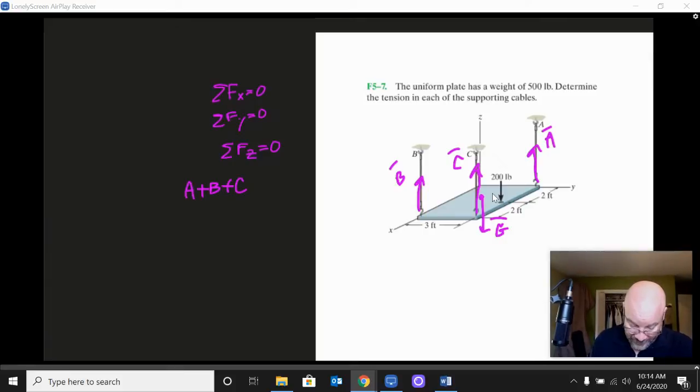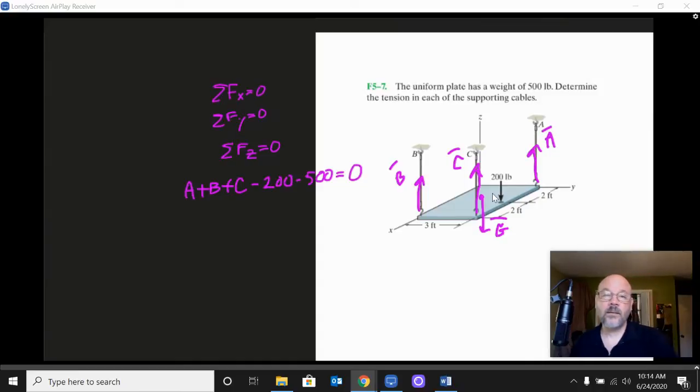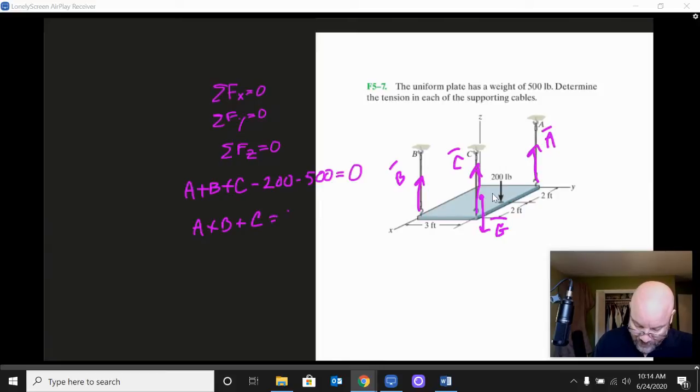And then I've got my 200 down, and then we've got the weight down, and the weight is 500. It's equal to 0. And so we can move the 200 and the 500 to the other side of the equation. I'm going to simplify this and end up getting A plus B plus C is equal to 700.